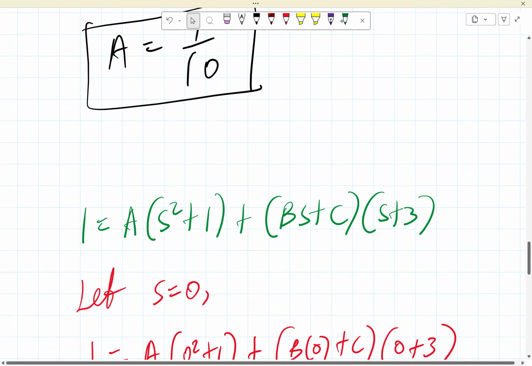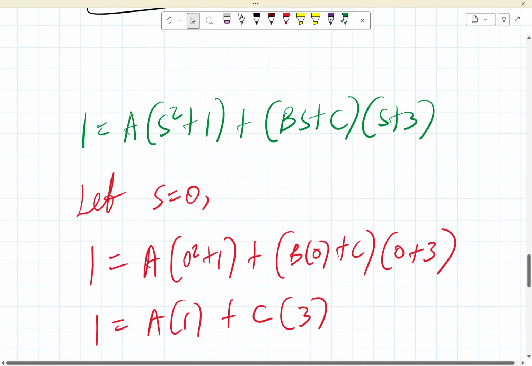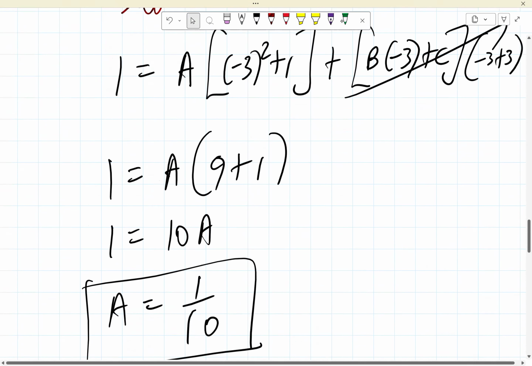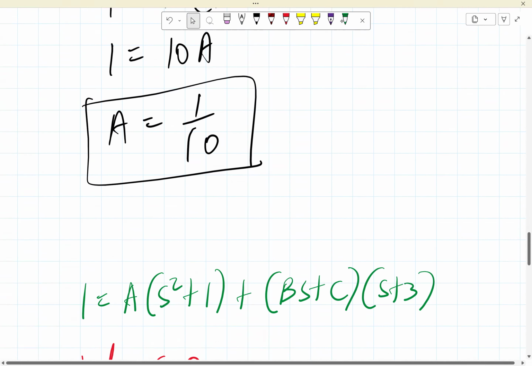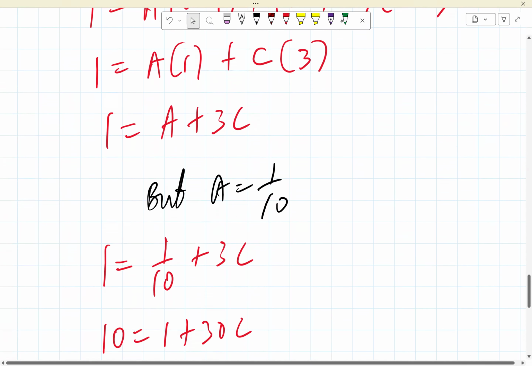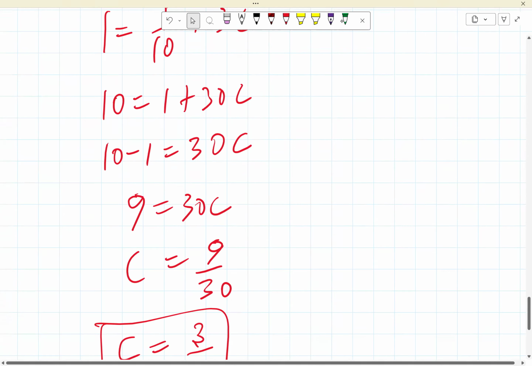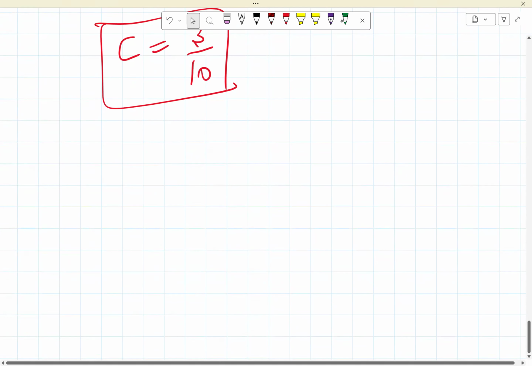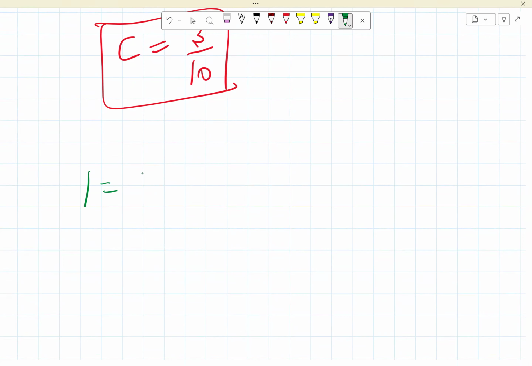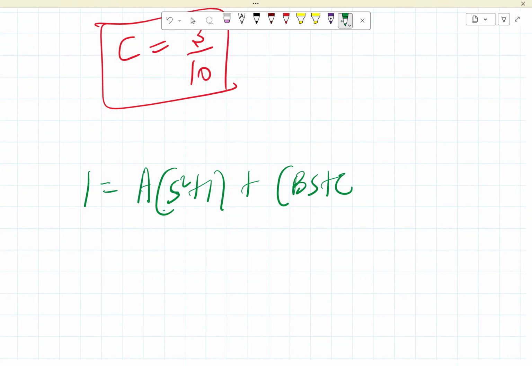To get b, we've taken s to be minus 3, which eliminated one term. Now we've taken s to be 0, and with the help of a, we have got c. So we can also do another one. Let me write again. Again, we have 1 equals a into s squared plus 1 plus bs plus c into s plus 3.